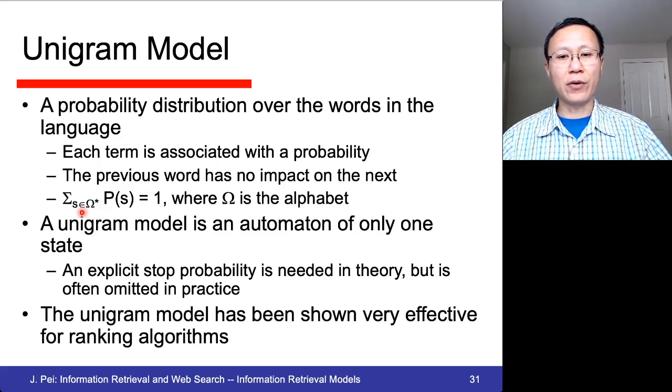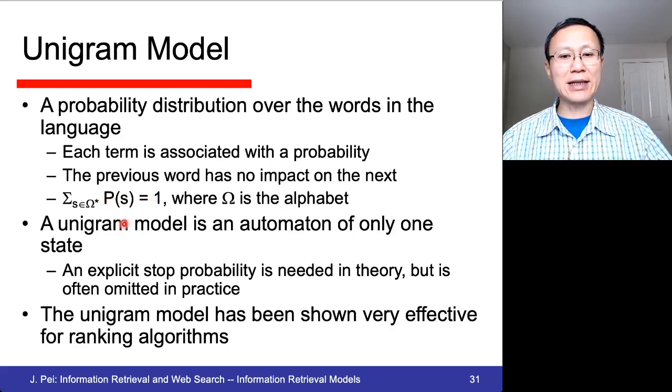For all the words s in the alphabet, the sum of their probabilities should be 1, for the articles generated by the unigram model.